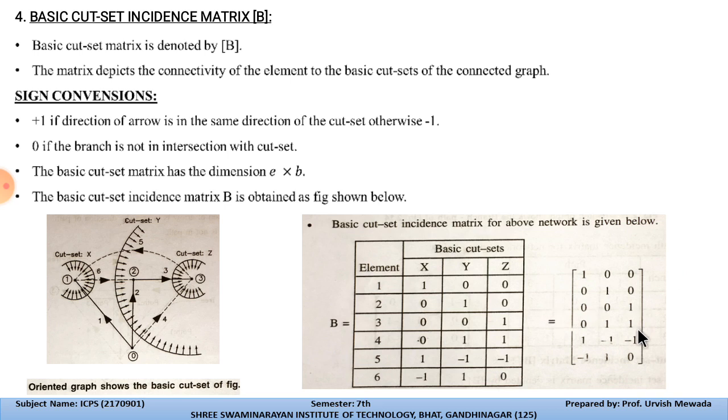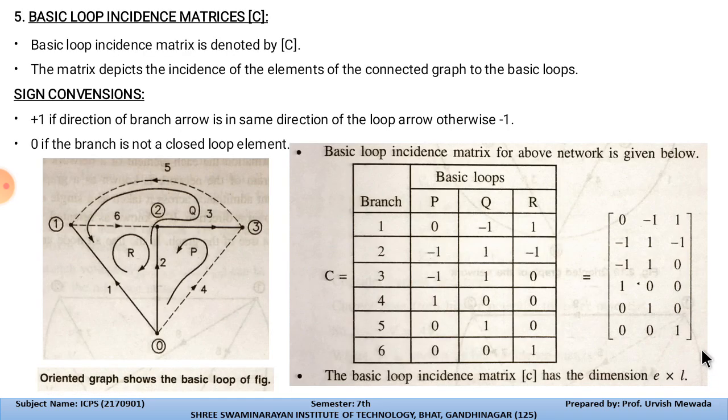The main motive of performing the cut set in the oriented graph is to divide the network into parts, and we can solve them simultaneously. Now the fifth incidence matrix is the basic loop incidence matrix.